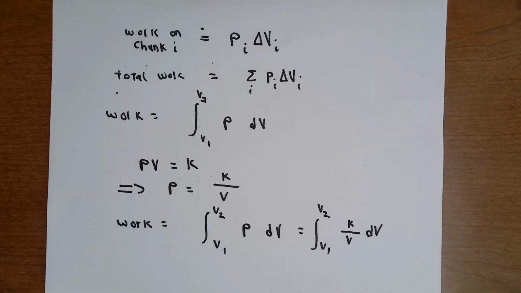And so at this point, we're exactly at the same place we were at for Hooke's law or for Newtonian gravity. If we can figure out what the K is in a given situation, we'll be able to do this antiderivative. We'll put in the initial and final volume, and we'll know the amount of work. Let's look at an example of this.